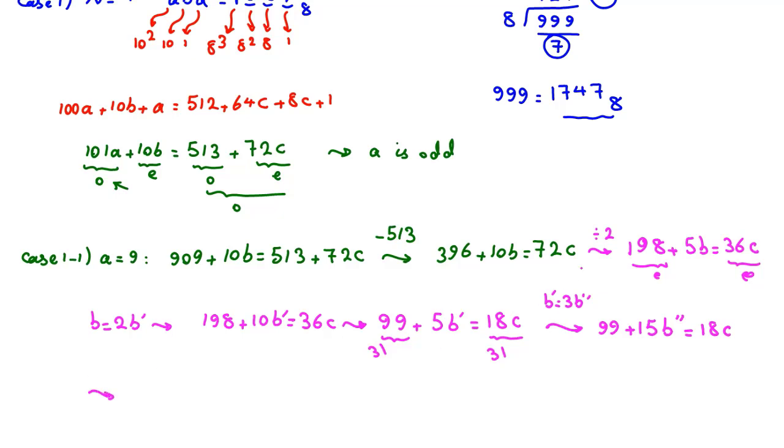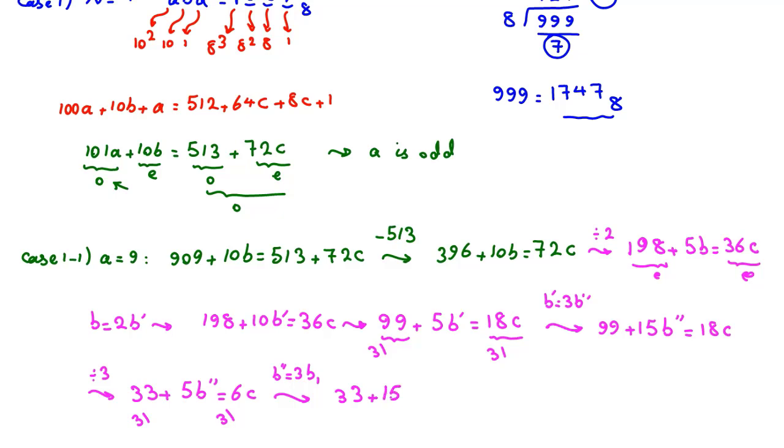Also, at first you could say b equals 6 times something. You could do that also. If you divide by 3, 33 plus 5b double prime equals 6c. Again, we can say b double prime is 3 times, for example, b1, because 3 divides this, 3 divides this, so 3 divides also b double prime.